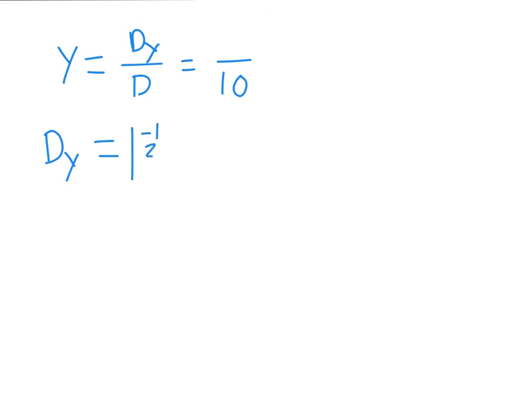So our y variable, again, will be d sub y over d. We already know d is 10. So the work for this part is d sub y. The coefficients for x come back.